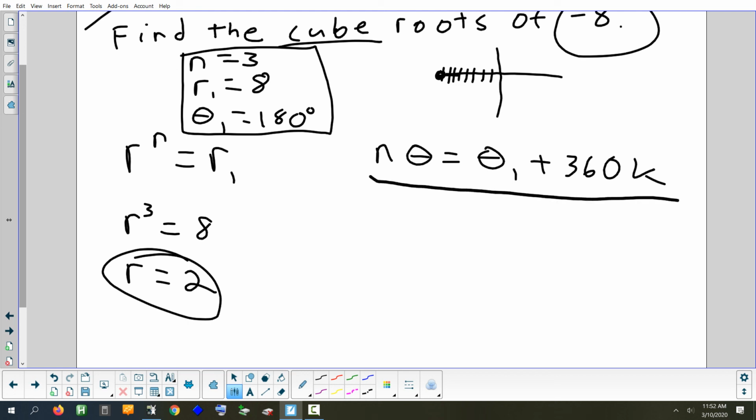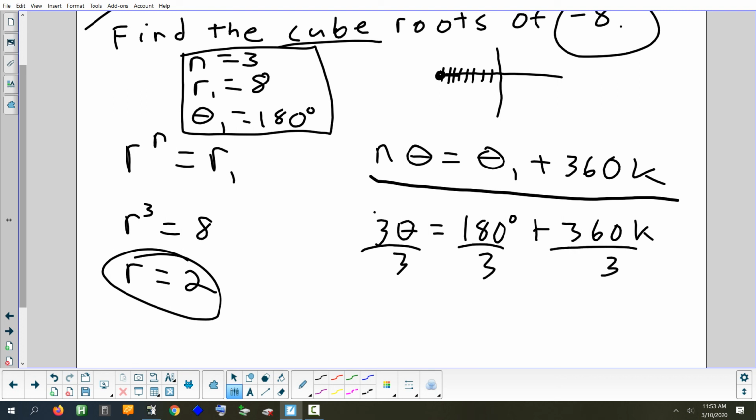Let's fill everything in this formula. 3 theta equals 180 plus 360k. And now how do you get theta by itself? Just make sure you do it everywhere. 3 divided by 3 is gone.